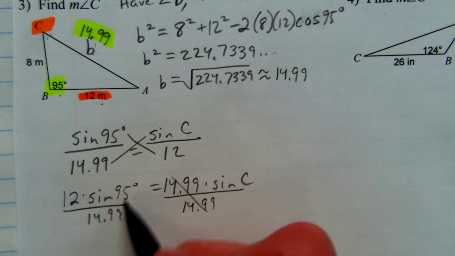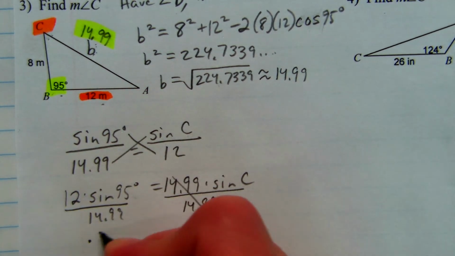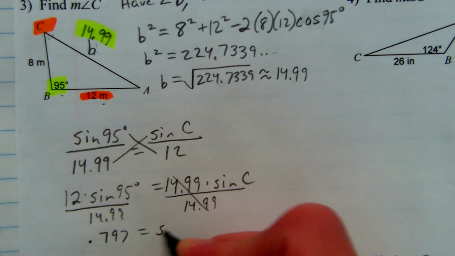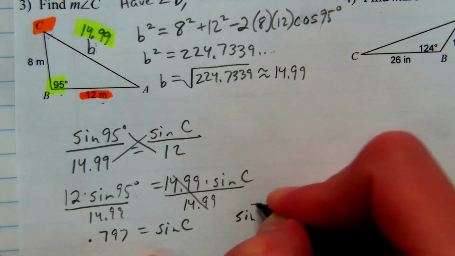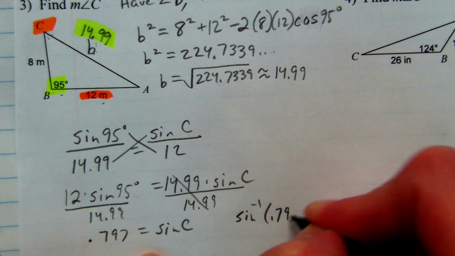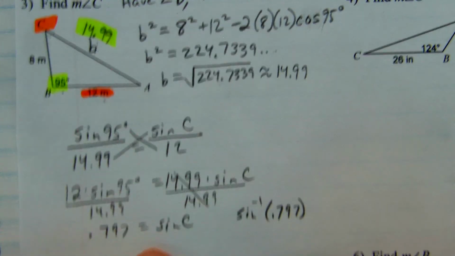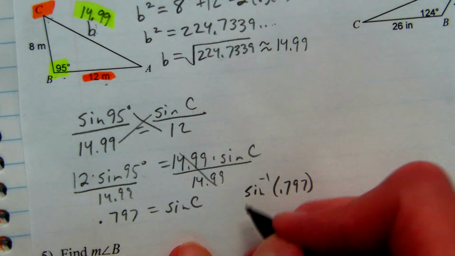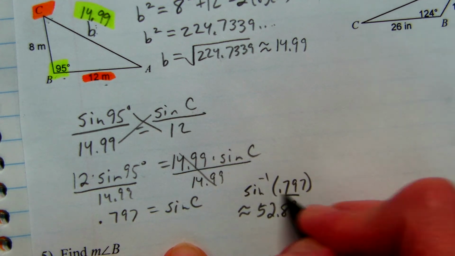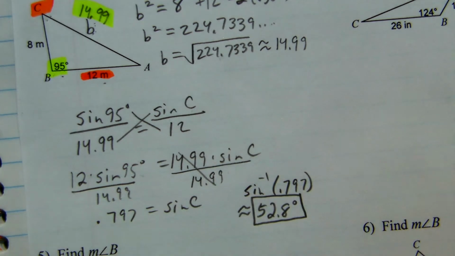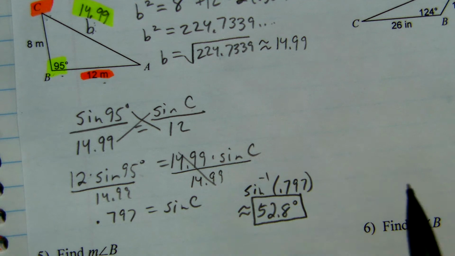And so if I type all of that in, I get about 0.797 equal to sine of C. So to get the angle, we're going to do inverse sine of that number. If you just keep it on your calculator and use that answer feature, it comes out about 52.8 degrees. So 53. Well, they said to round to the nearest tenth, so we're going to go ahead and leave a tenth on there.